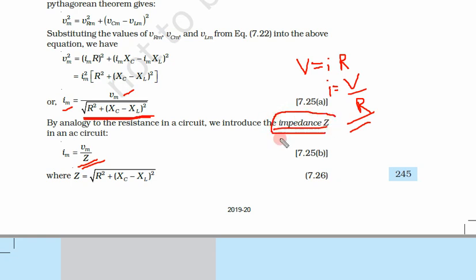Z is one of the most important quantities, because in most cases resistance is not pure. There is no purely resistive circuit. There are some capacitive and inductive elements present in a circuit, and the combination of resistance, capacitance and inductance is called impedance.